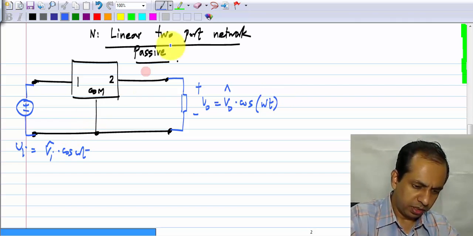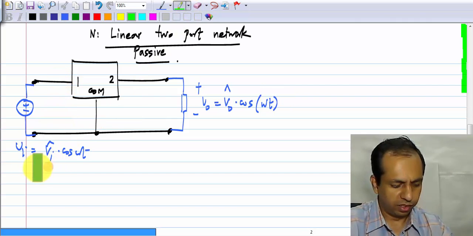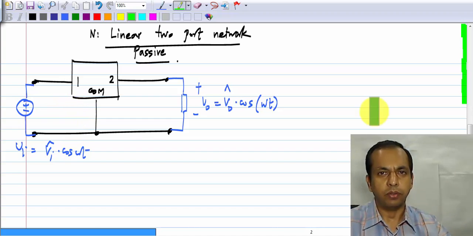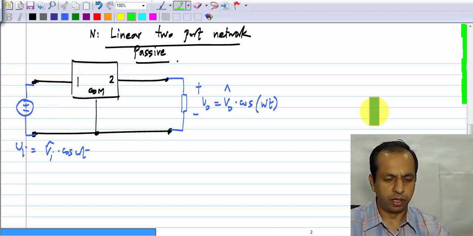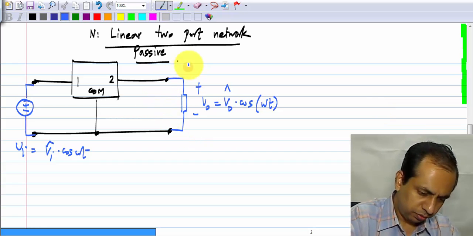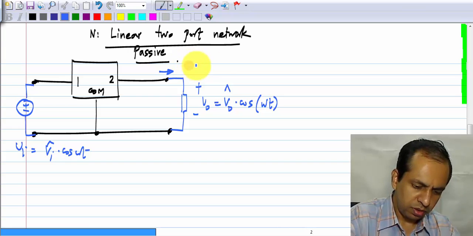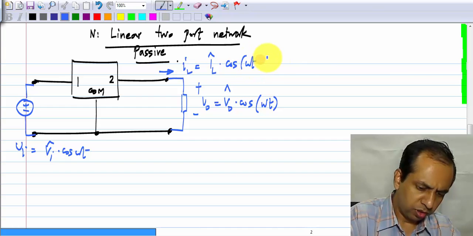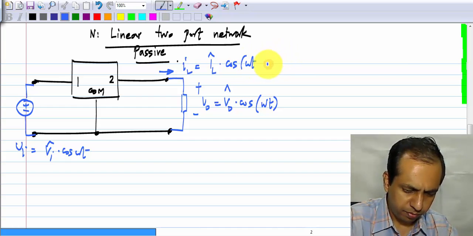Now, again I have a single independent source in the circuit. So, this we know it cannot give you any power gain, but I am just going to go through it. And this current that is going into the load will be some IL hat cos omega t.